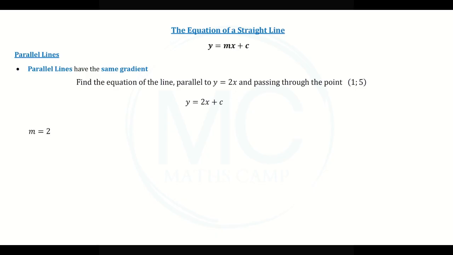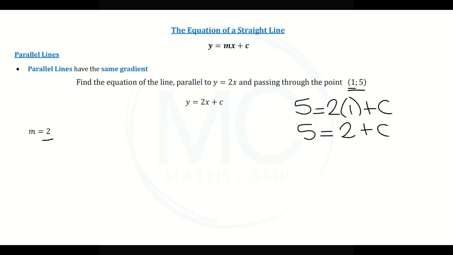The question tells us the line passes through the point 1, 5. So let's substitute these coordinates into x and y so we can solve for c. So we can say the y coordinate 5 is equal to m 2 multiplied by the x coordinate of 1 plus c. Now we have 5 is equal to 2 multiplied by 1, which is simply 2, plus c.